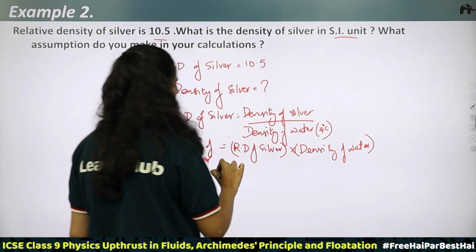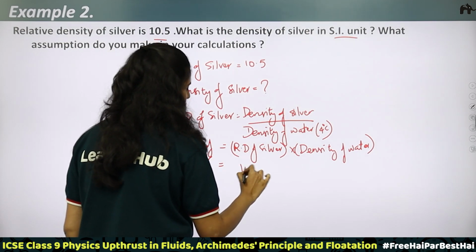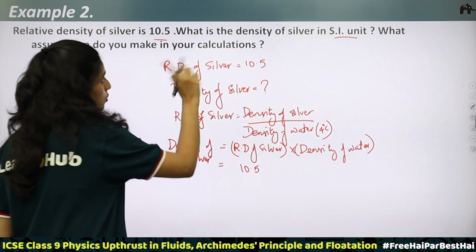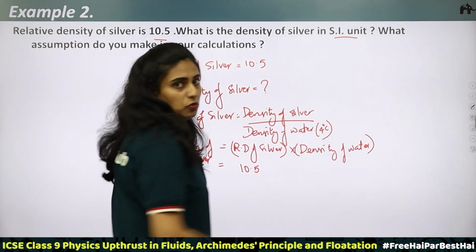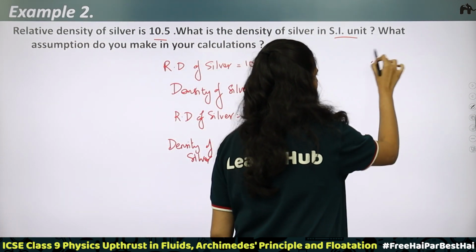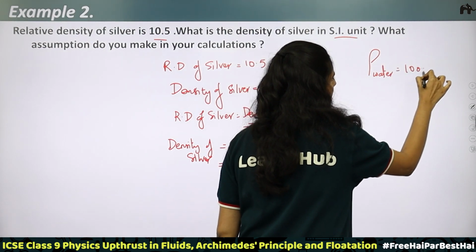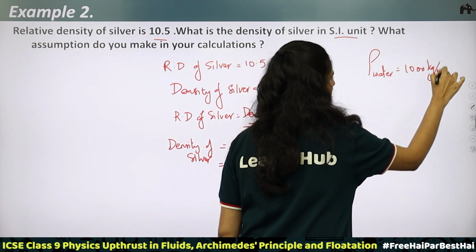So, here what is the relative density of silver? 10.5. Density of water: it is given that you have to find the density of silver in SI units. In SI units, what is the density of water? The density of water is equal to 1000 kilogram per meter cube.